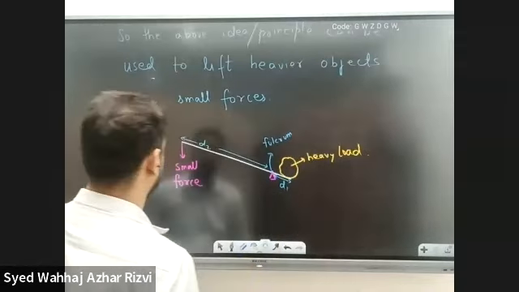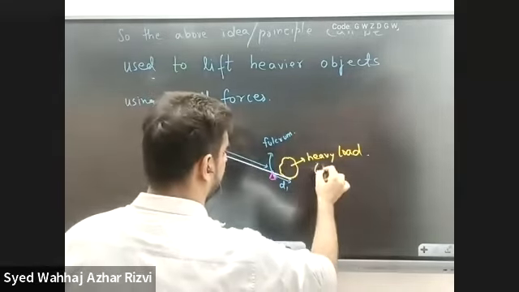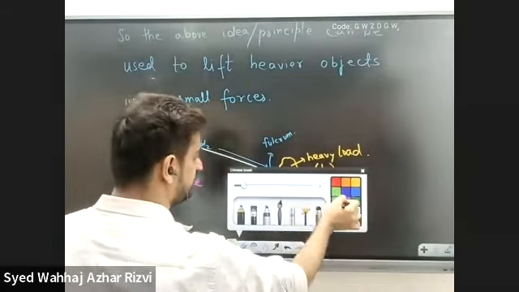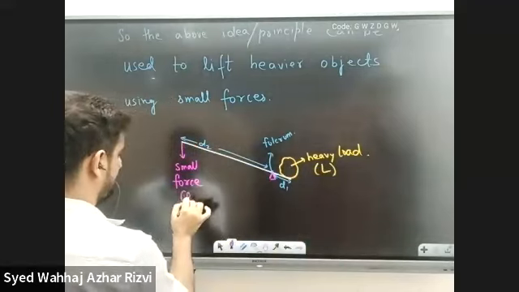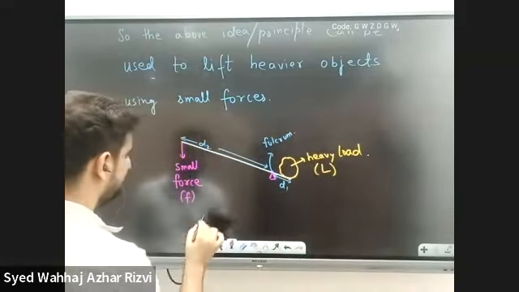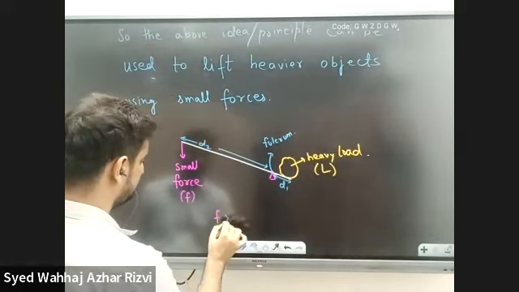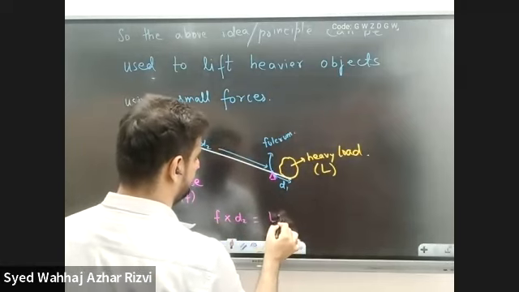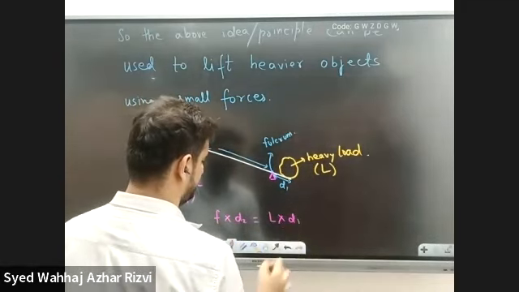Let's call this heavy load L, and let's call it a small force F. So if this force F is going to balance this heavy load L, then we can say that force F multiplied by d2 is equal to heavy load L multiplied by d1. Got it?